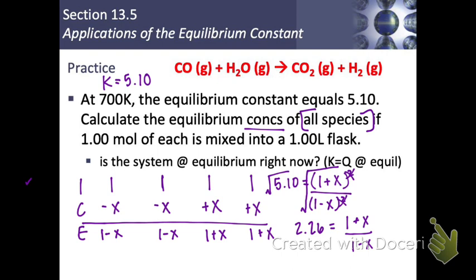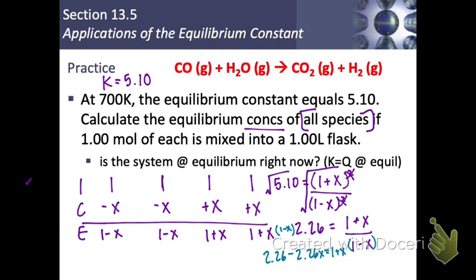Okay, so now I've got to do some fancy math to get rid of this, but I'm just going to move this up, so times 1 minus x. That gives me 2.26 minus 2.26x equals 1 plus x. And now I'm just doing really basic algebra to solve there.